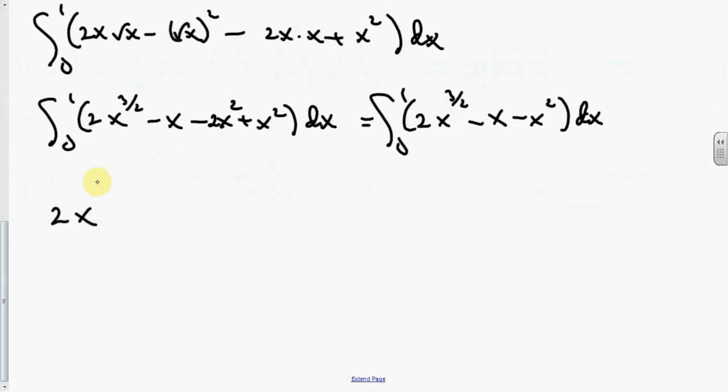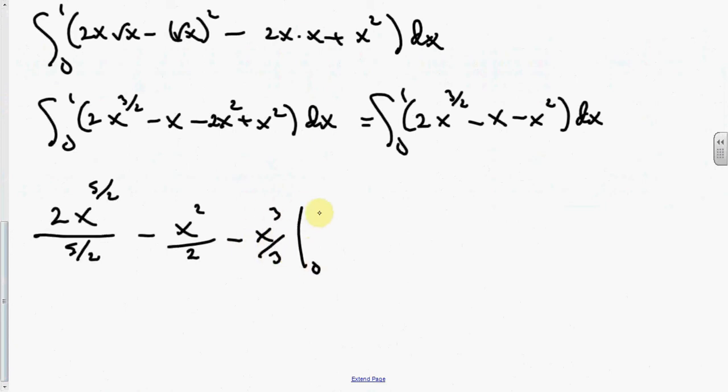This is 2x to the 5/2 all over 5/2 minus x squared over 2 minus x to the 3rd over 3. Evaluate that from 0 to 1. Well, this is 4 over 5 times x to the 5/2 minus x squared over 2 minus x to the 3rd over 3.